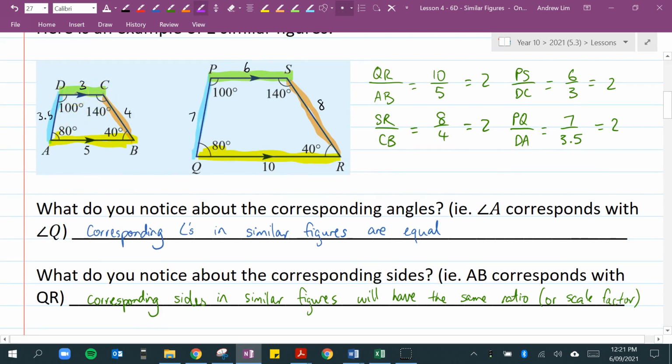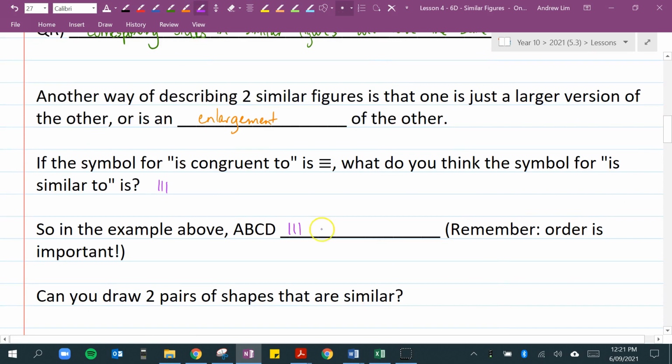So we're going to follow that same route: Q, R, S, P. Do not just simply write them in alphabetical order just because this one is. We have to follow it according to what these vertices represent.